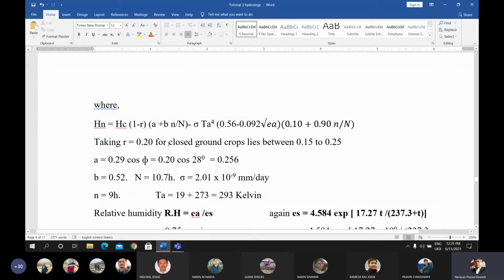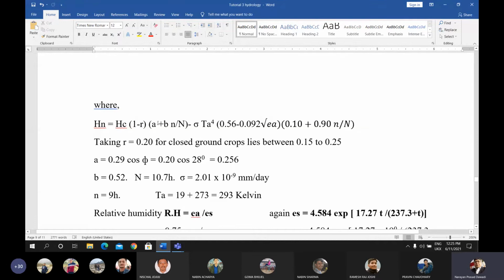I have considered the r value as 0.20. You can take any value of r in between these, 0.15, 0.16, 0.17 up to 0.25. The minimum value must be 0.15 and the maximum value is 0.25, but I took the average value in between, and this is 0.20. Okay, r value is 0.20.